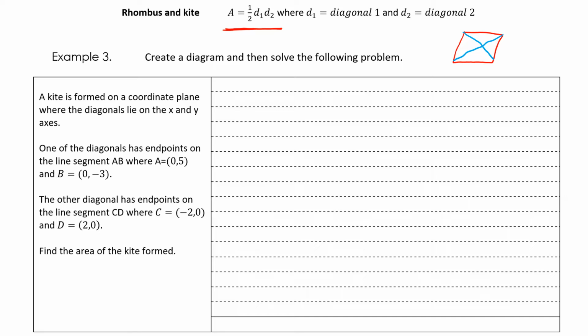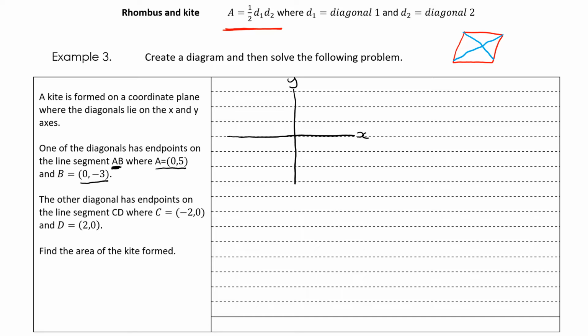So the diagonals, let's draw a coordinate plane. This will be our x, this will be our y, and the diagonals are actually on the axes. One of the diagonals has endpoints on the line segment AB, where A is the point (0, 5) and B is (0, -3).